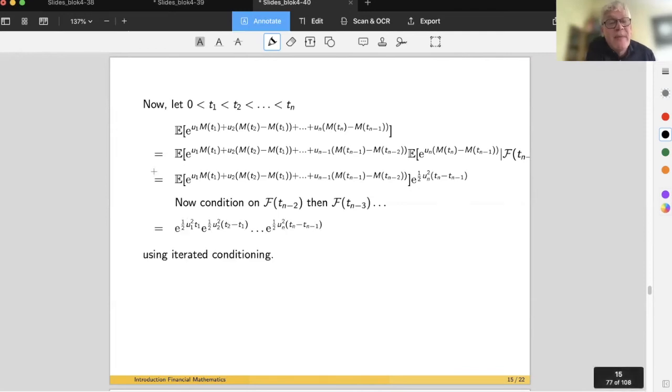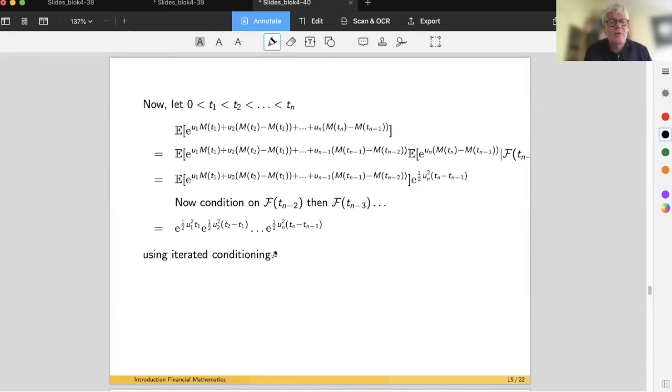In the end, what remains is a product, e to the power 1/2 u1 squared t1 times e to the power 1/2 u2 squared (t2 minus t1), multiplied up until e to the power 1/2 un squared (tn minus tn-1). And that is done with the iterated conditioning like we saw in the previous slide.